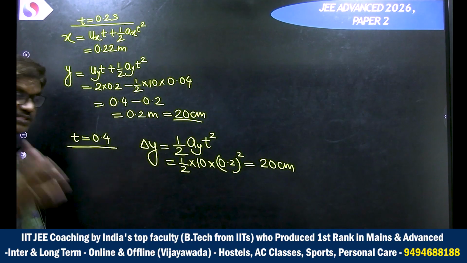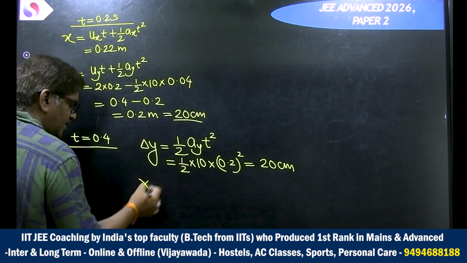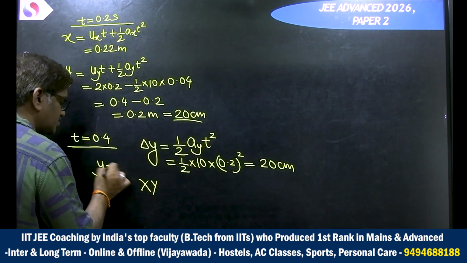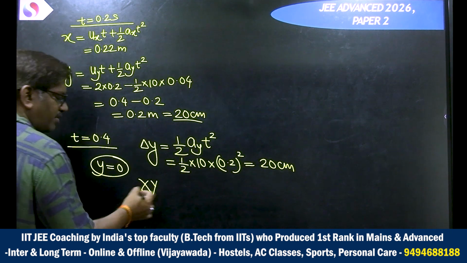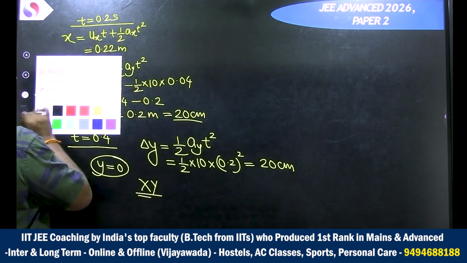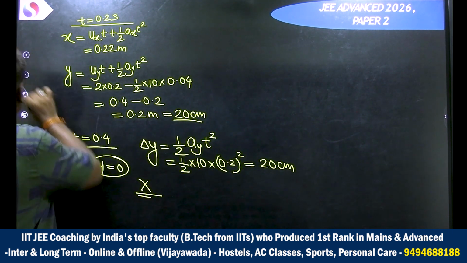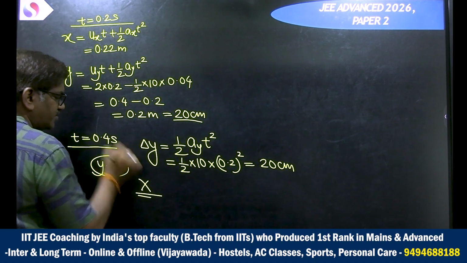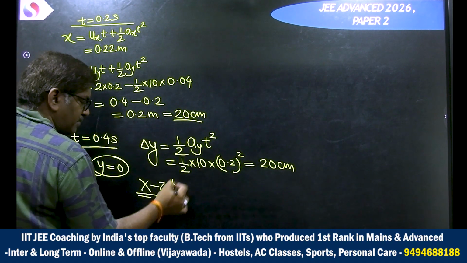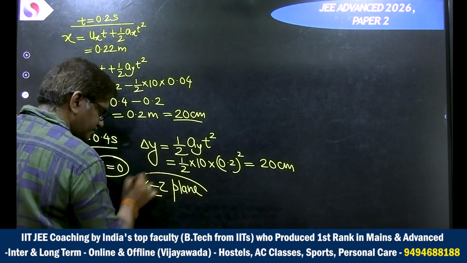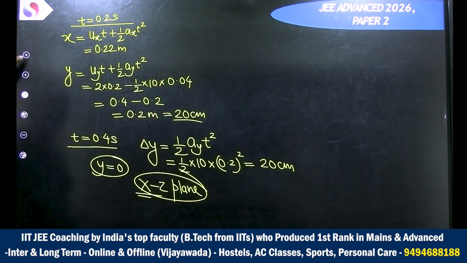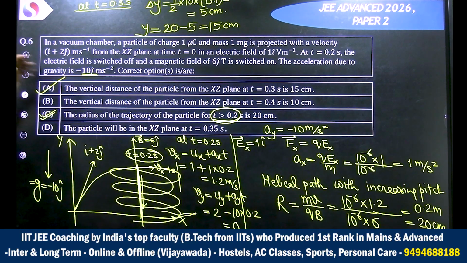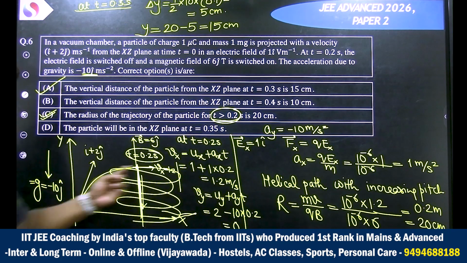So the change is 20 centimeter, which means the particle will be at y equals 0, and y equals 0 means it is in the xz plane. So at t equals 0.4 second, it will have landed on the xz plane, while moving in its helical path.